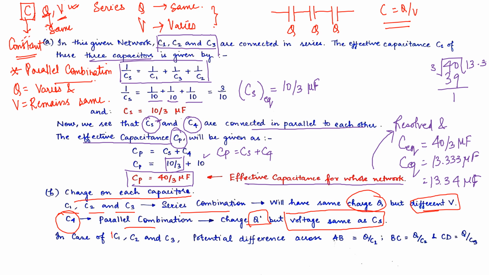In case of C1, C2 and C3, the potential difference across AB will be Q upon C1, BC will be Q upon C2 and CD will be Q upon C3. Basically this is the potential difference across capacitor 1, this one across capacitor 2 and this one across capacitor 3.